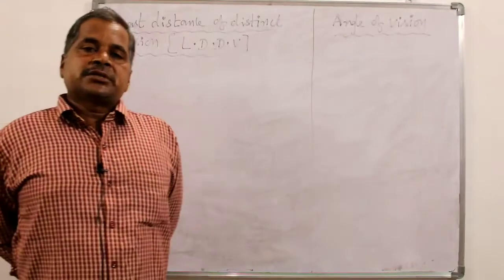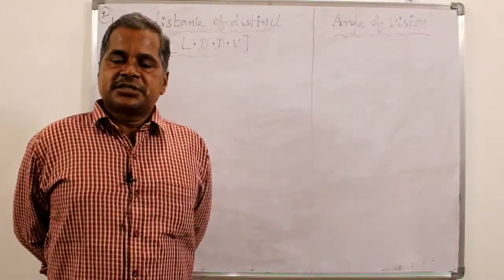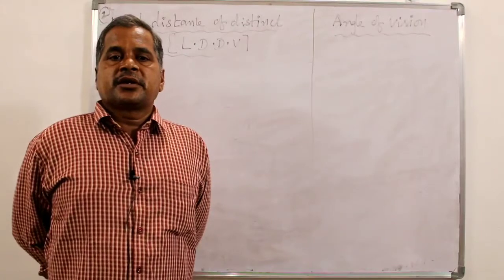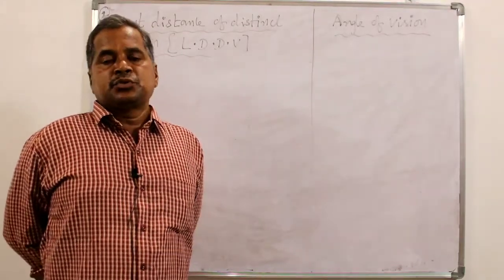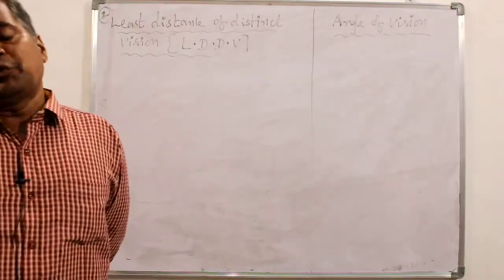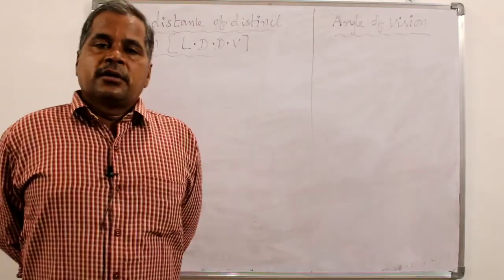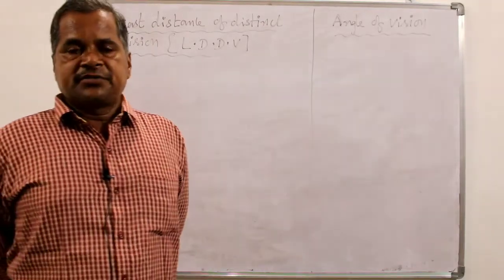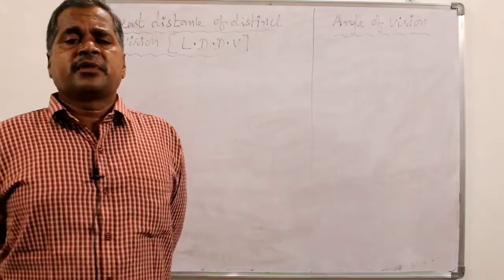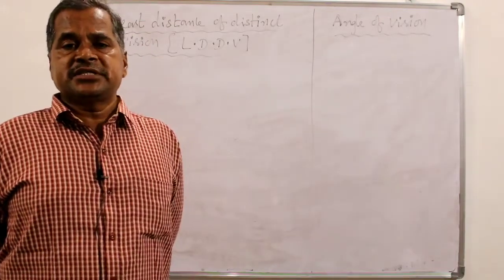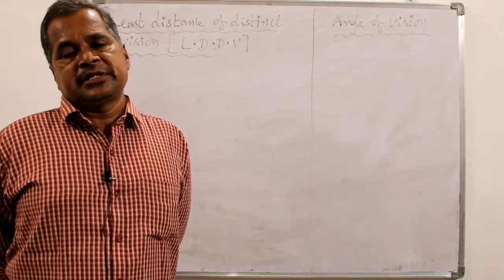For aged persons, it is nearly 80 to 100 centimeters due to their age and health conditions. But for any healthy human being, it is 25 centimeters.